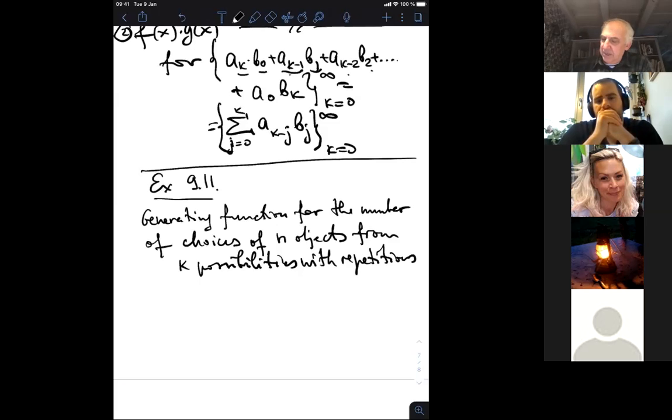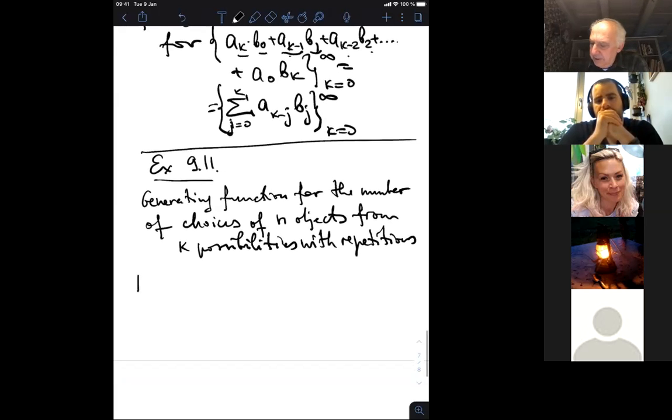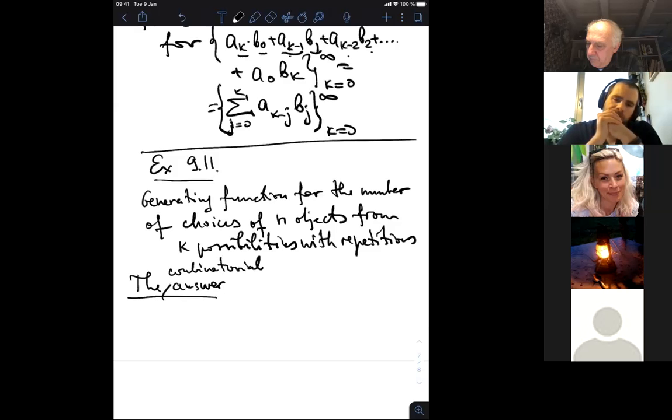And I think it was lecture 2. So the answer which we formulated was in terms of binomial coefficients. And the combinatorial answer for that was binomial n plus k minus 1, choose k.